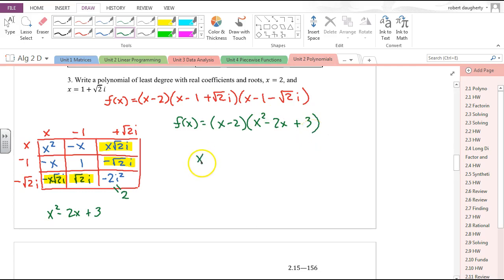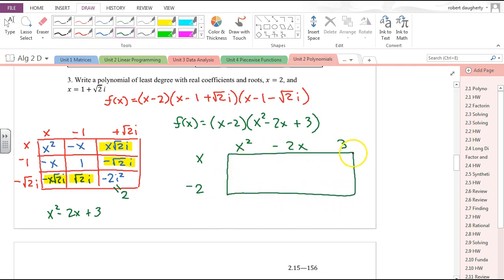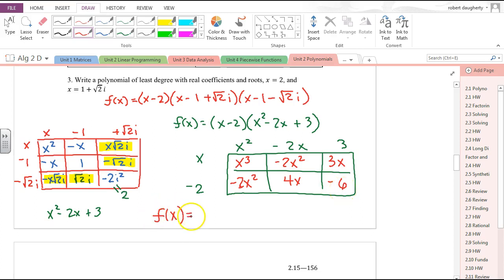And multiplying these two terms together: x cubed minus 2x squared plus 3x minus 2x squared, minus 4x minus 6. So f of x equals x cubed minus 4x squared plus 7x minus 6.